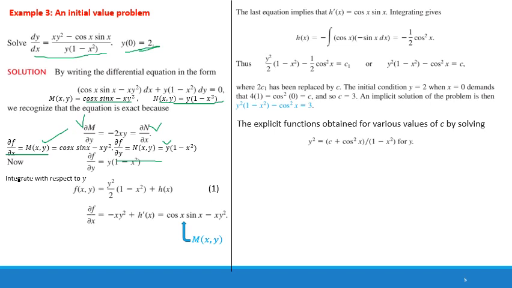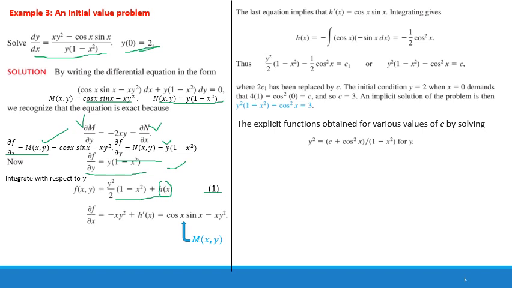So by considering function n, partial f by partial y is equal to y into 1 minus x square, and integrating this with respect to y, we will get this equation which is labeled as equation 1. So here h of x is the constant of integration.